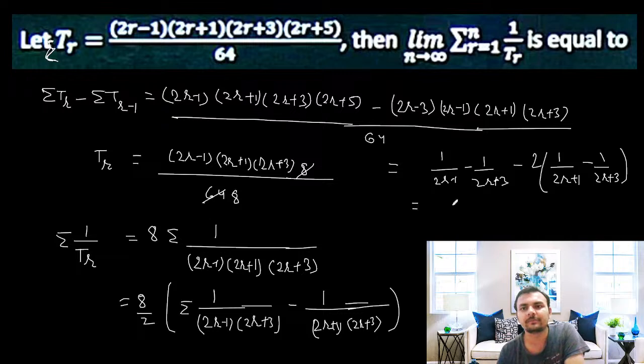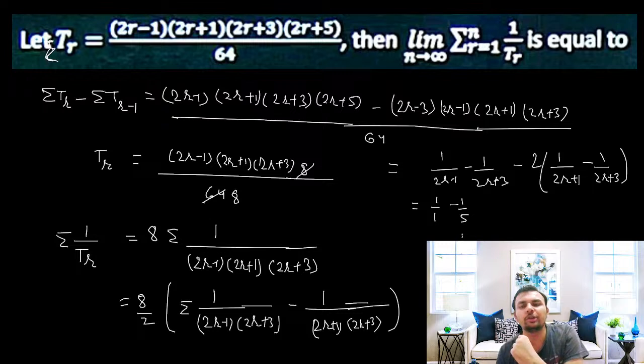Okay. Now what will happen? If you start solving this, r equal to 1, 1 by 1, 1 by 5. Okay, 1 by 5, let's continue.